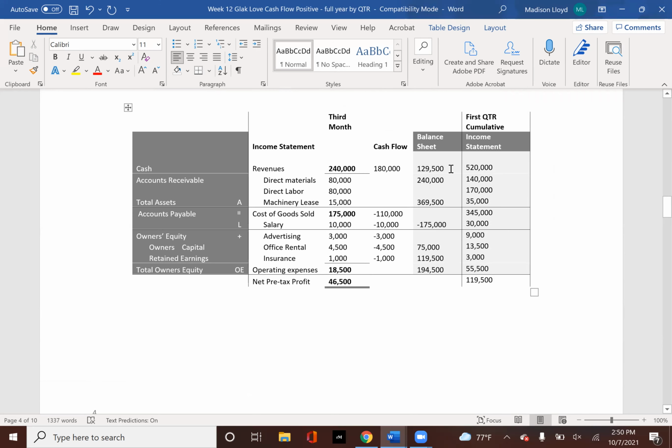That's how much cash you have left over after subtracting all of your expenses from your total assets from the month before. Cool. All right, our accounts receivable, $240,000, because that's your revenue.